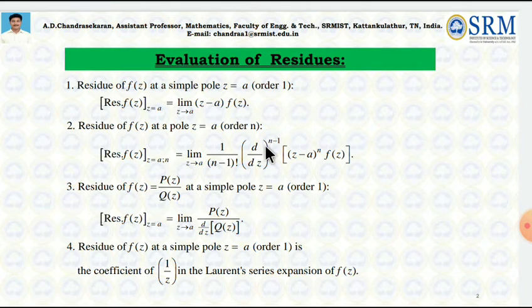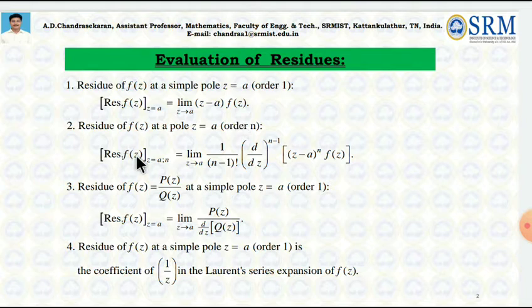The second formula is the generalization of the residue values. It is for f of z at a pole z equal to a of order n.